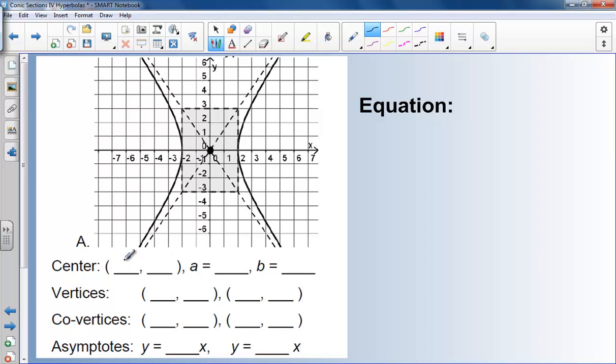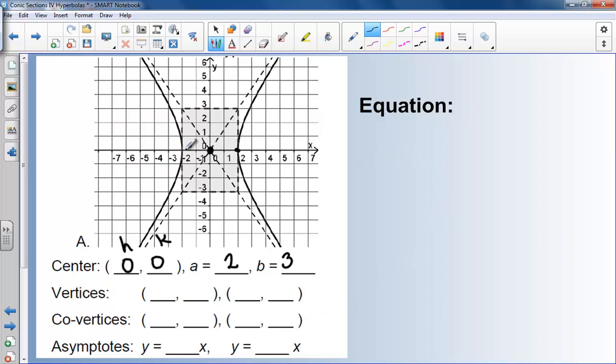So this particular one is at 0, 0. So this is h, and this is k, just like it always is. And I can figure out what a is by going from my center out to the point here. And so a is 2, and b is going to be from the center to the top or to the bottom, and so b is 3.